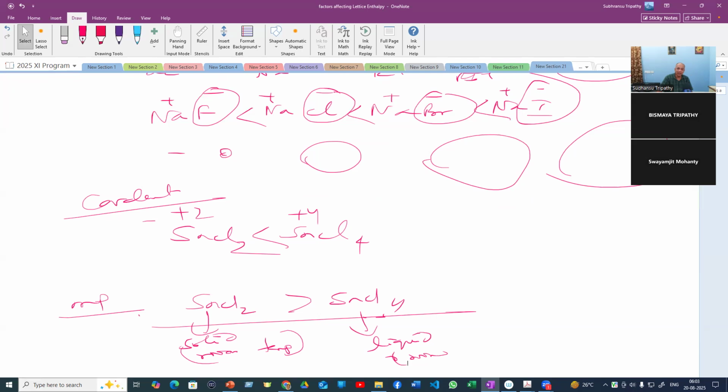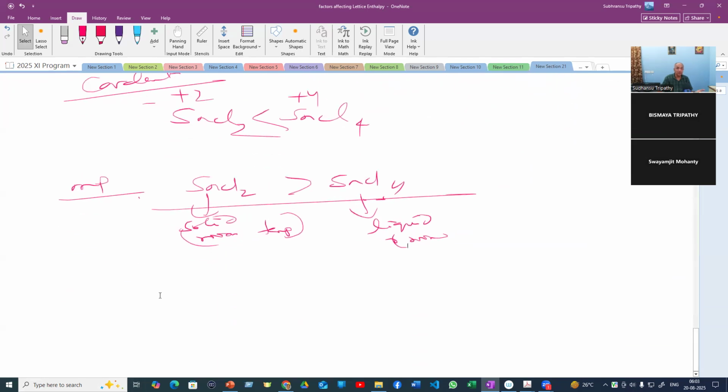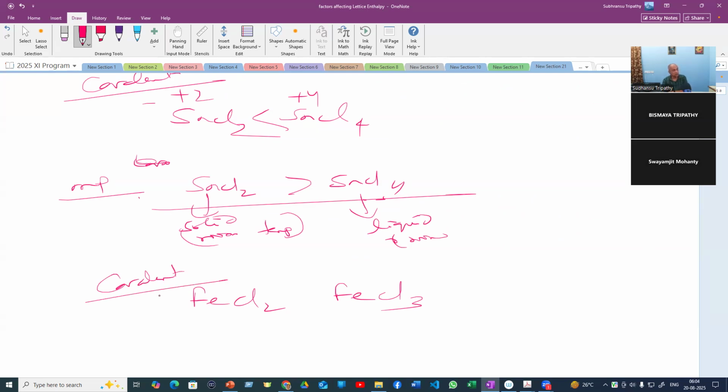Similarly, you can have ferrous chloride and ferric chloride. Which is more ionic, which is more covalent? What is the covalent nature? Which is greater?